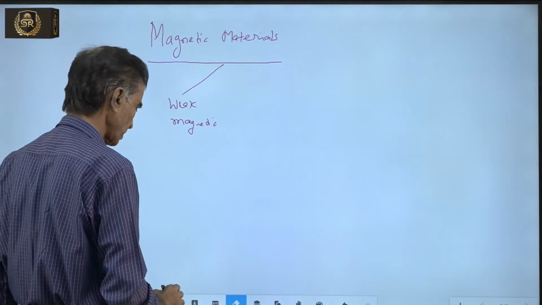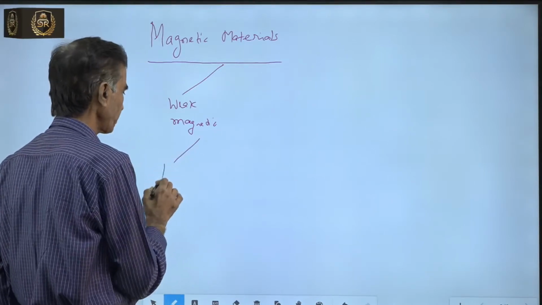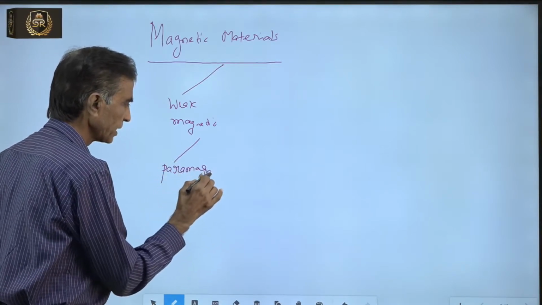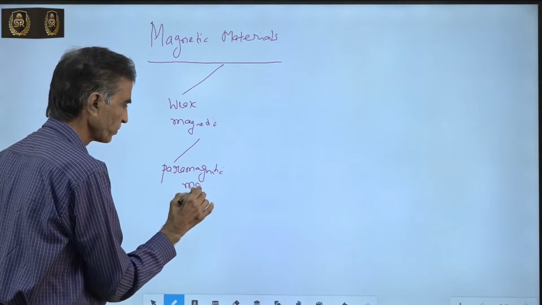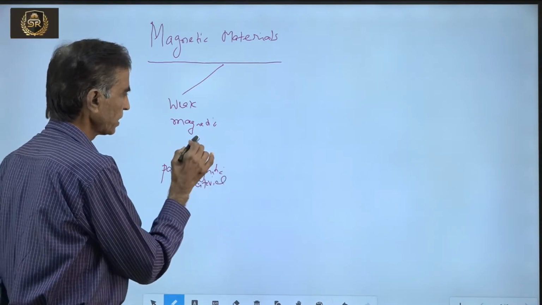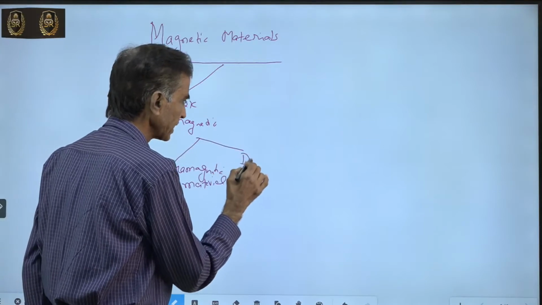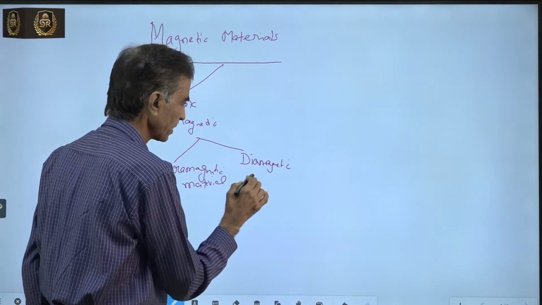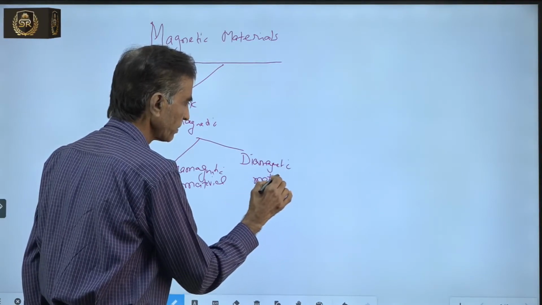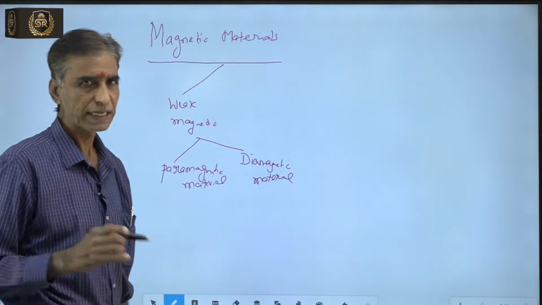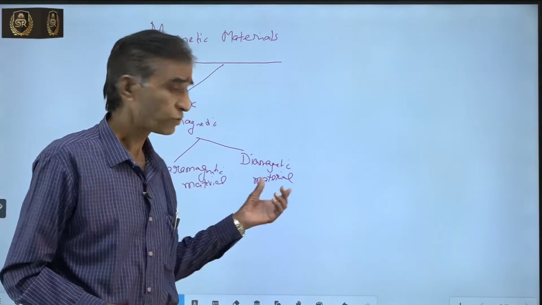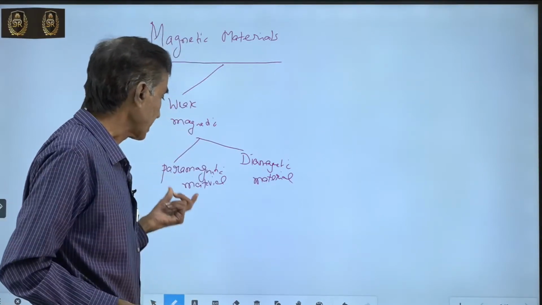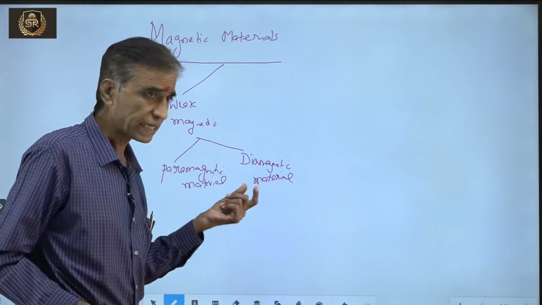One is paramagnetic material, which is weakly magnetized. And the second one is diamagnetic material. This we will take up, and you already studied in theory classes what diamagnetic materials and paramagnetic materials are.